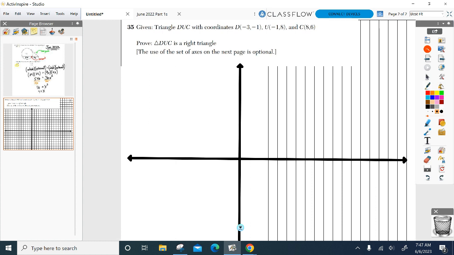I won't go through the whole thing, but we'll discuss how you would prove it's a right triangle. Because if you don't know how to find slope, midpoint, distance by now, we got work to do. All right, so -3, -1 is D. Then 8, 1, 2, 3, 4, 5, 6 is U.